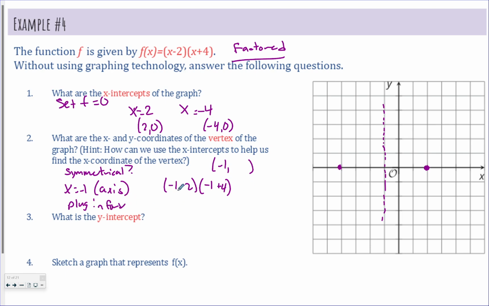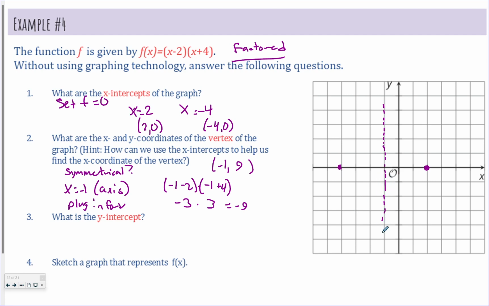And that's going to get us negative 3 times 3, which is equal to negative 9. So my vertex is at (-1, -9).